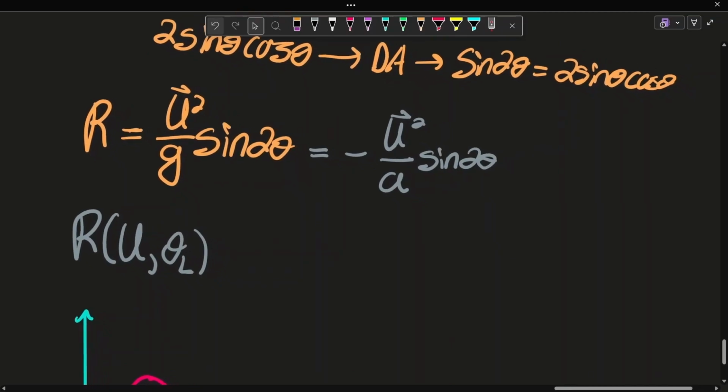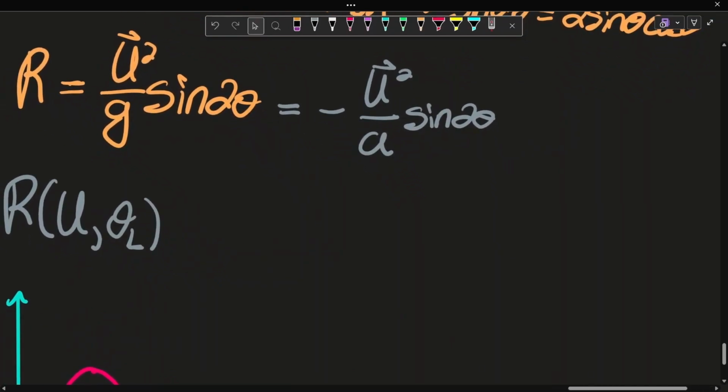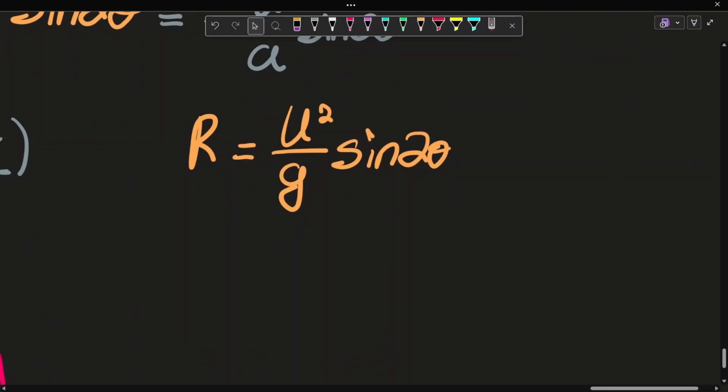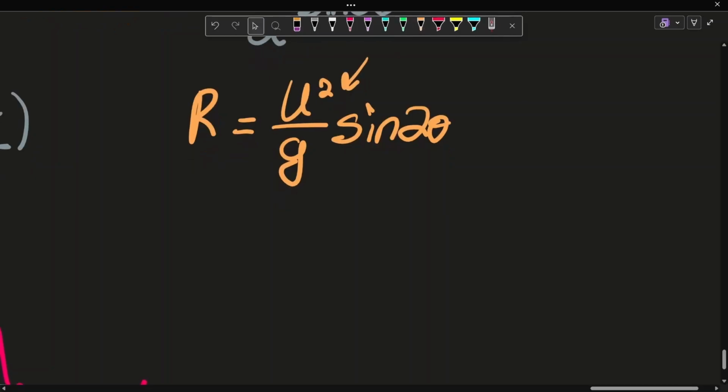So, adding more logic to this. The range here is equal to u squared over g sine 2 theta. Right? So what we can see here is that gravity, we can say, is always 9.8. And u squared is really, even if it's negative, it's squared, so it's positive.